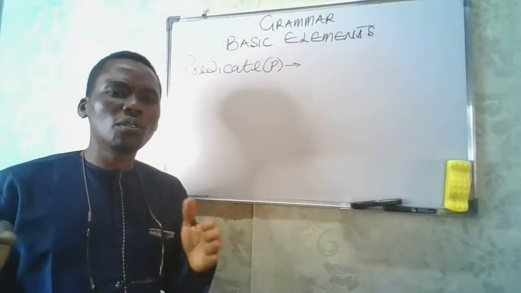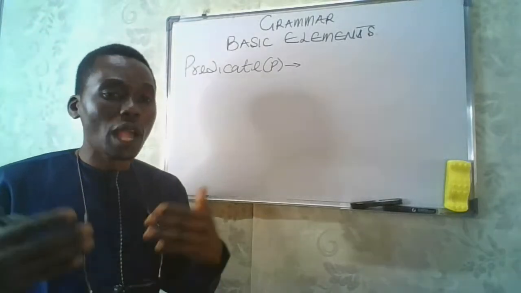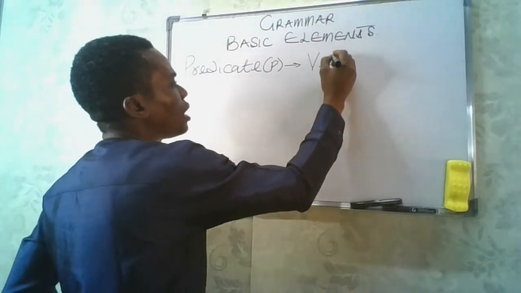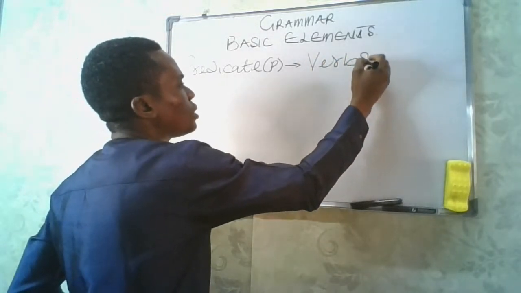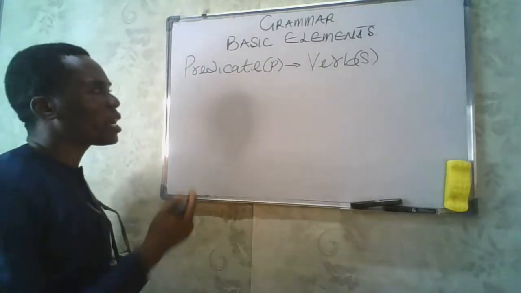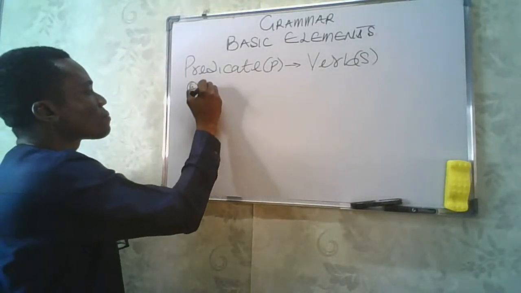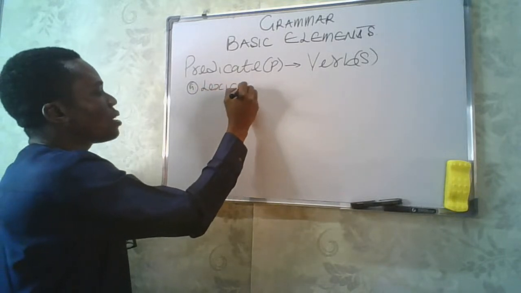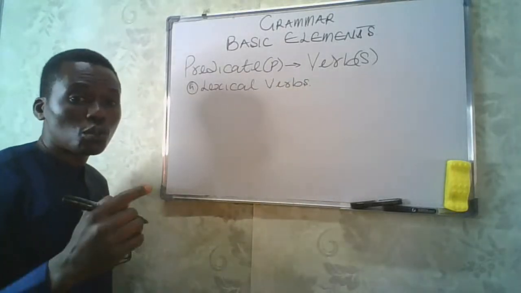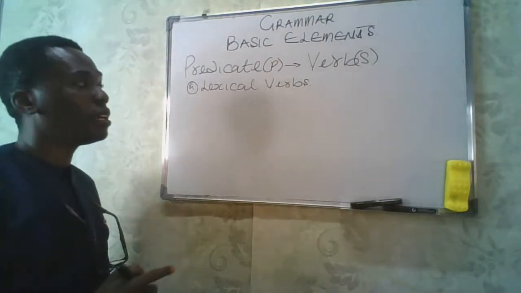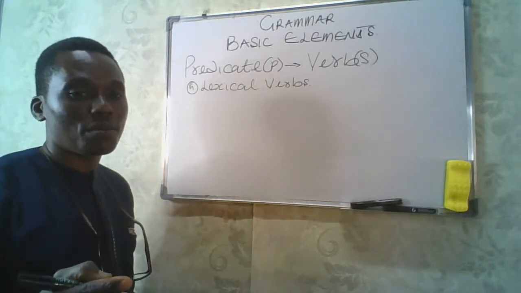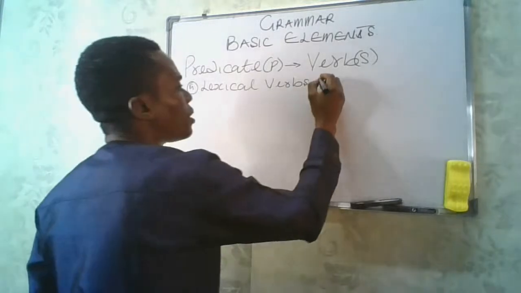Now, we can talk about the following categories of verbs. We have various types of verbs. The predicate has to do with what? Verb or verbs. So there are various types of verbs. We can talk about the lexical verbs. I want you to do more research on these lexical verbs. We can form a sentence with lexical verbs alone.